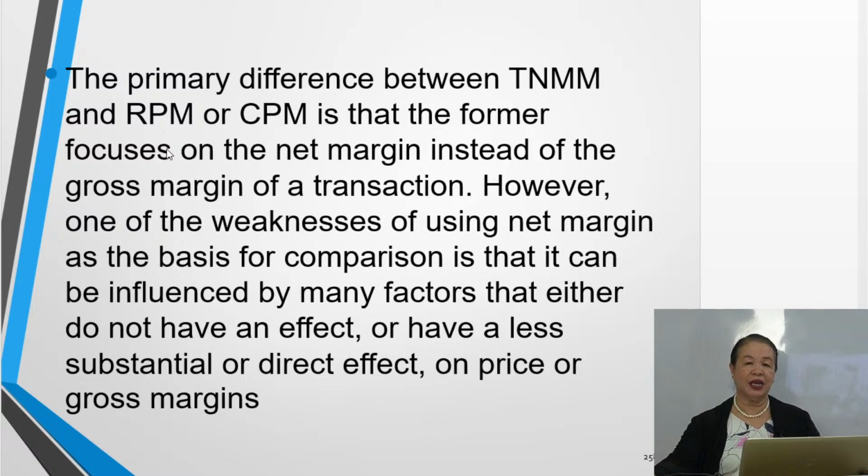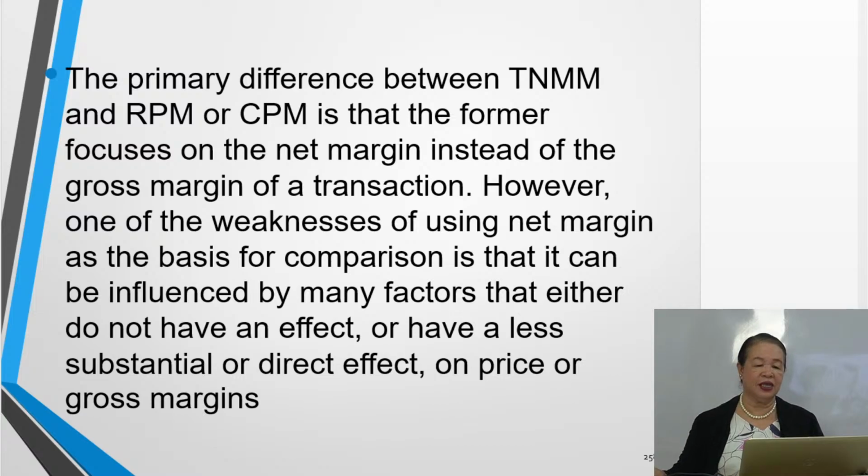Nandoon na siya sa pinaka-baba. Ano ba yung nandun sa taas pa? Sales, less cost of sales or direct cost equals gross profit, less operating expenses. Diyan sa operating expenses, napakaraming factors yan that affect the net margin na mailalagay mo doon. Kaya yung sabi nga nila, yan ang weakness ng transactional net margin method.